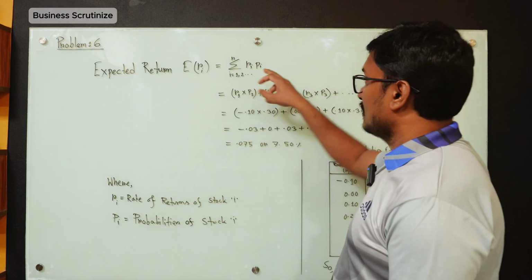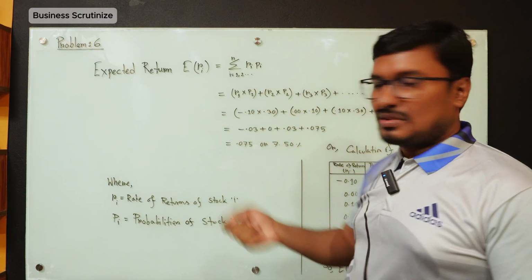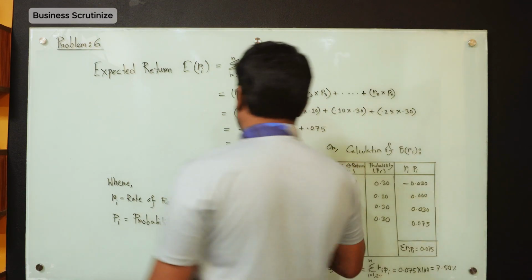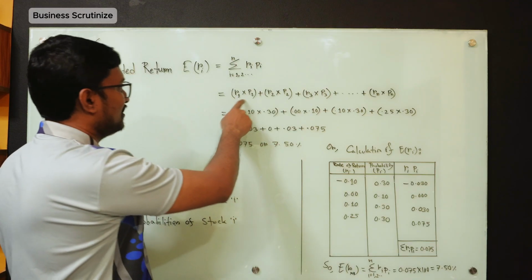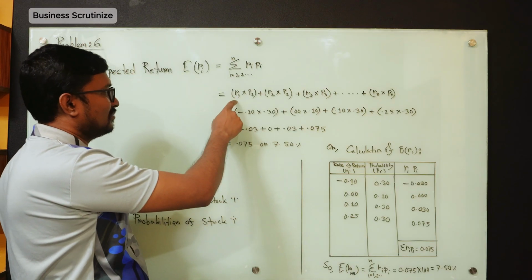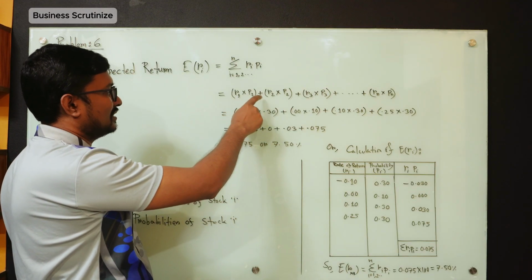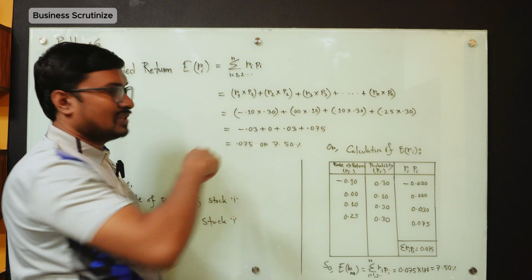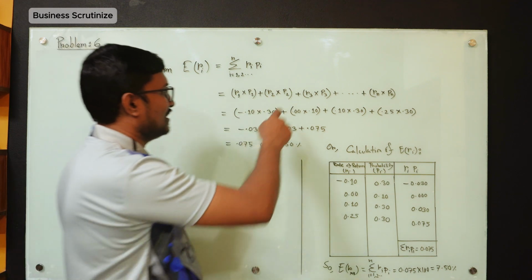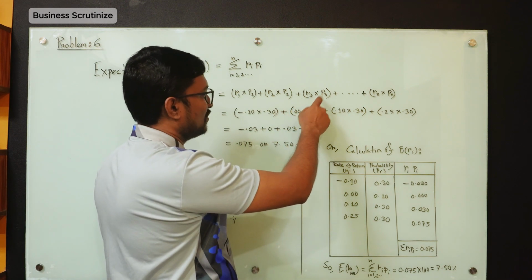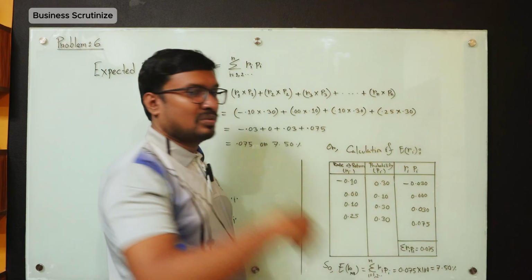So this is the concise formula, a very short formula, but we can extend it: R1 into P1, I mean return number 1 into probability 1, then plus return number 2 and probability 2 we have to multiply, and in this way return 3 probability 3, then return 4 probability 4.